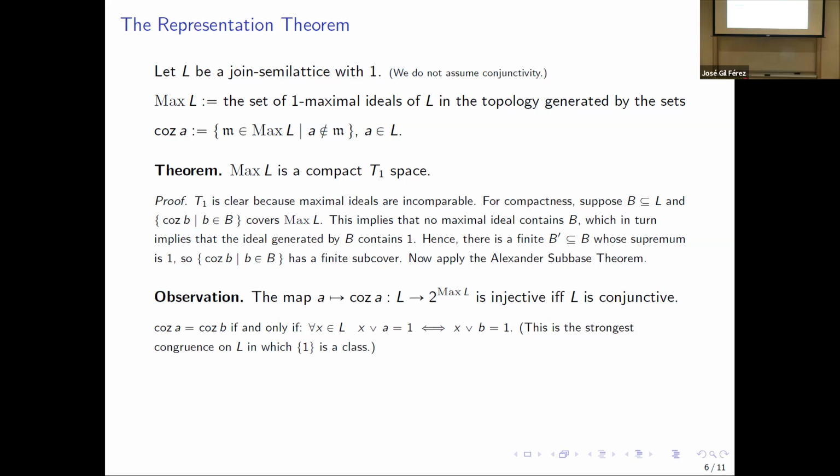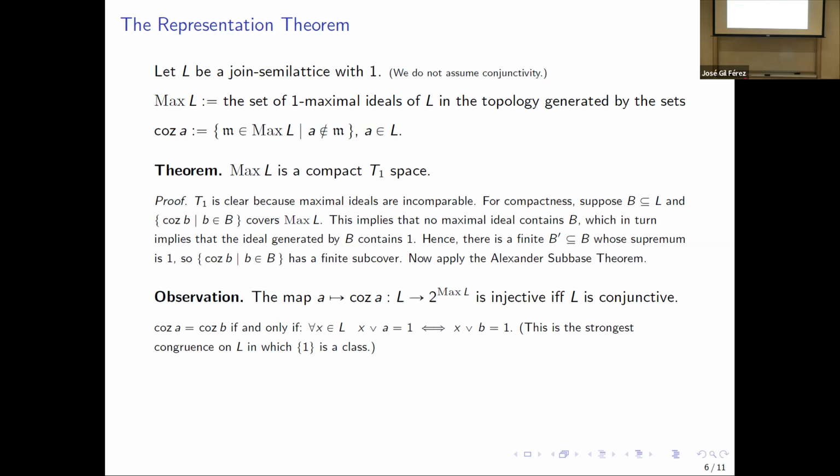If B is a set of elements of L, and the co-zero sets of the elements of B cover max L, then that means that no maximal ideal contains B. That's a simple translation of the condition. That in turn implies that the ideal generated by B contains one, because if it didn't, then there'd be a maximal ideal that contains it.